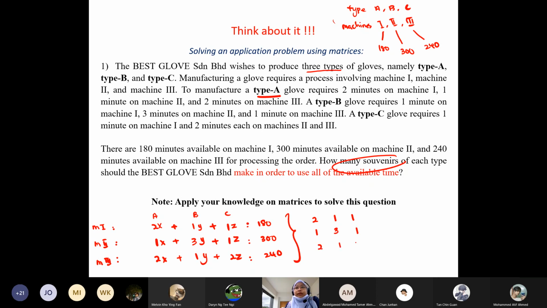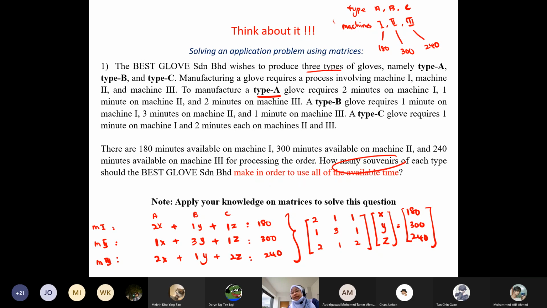So 2, 1, 2. Multiply with the variables that you have, x, y, and z, is equal to the matrix answer. You have 180, 300, and 240. So this one is already in matrix form.